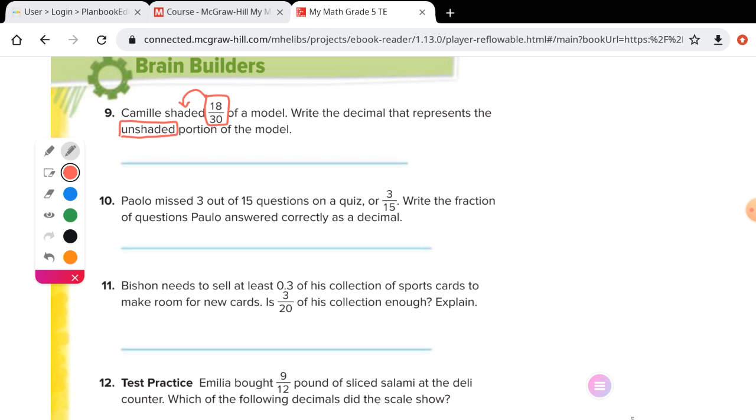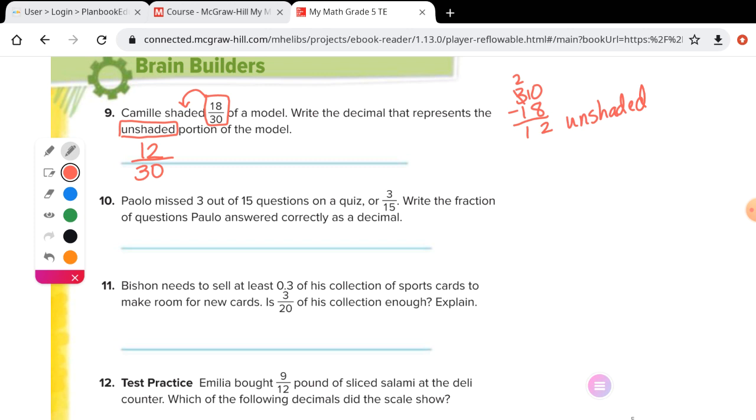Yeah, if 18 out of 30 are shaded, then the first thing we would have to do is 30 minus 18 to figure out that 12 of them are unshaded. But 12 out of how many are unshaded? 30. 12 out of 30 are unshaded. So this is the fraction we are working with.